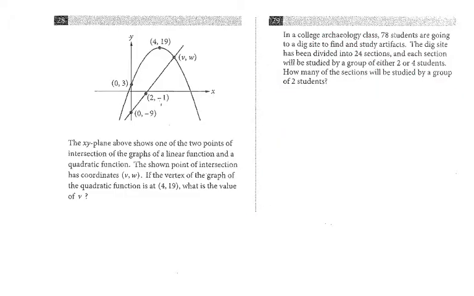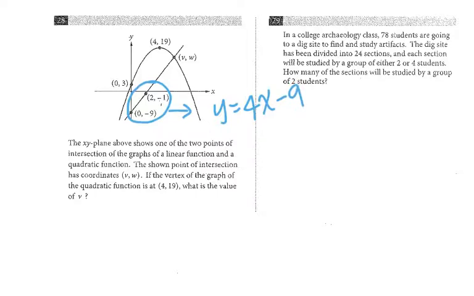For 28, first of all, you will find the linear function for these two. The easiest way is using stat. Find the linear regression line. You will get y equals 4x minus 9.